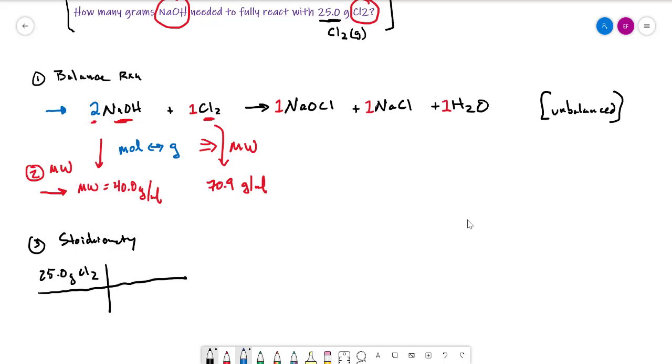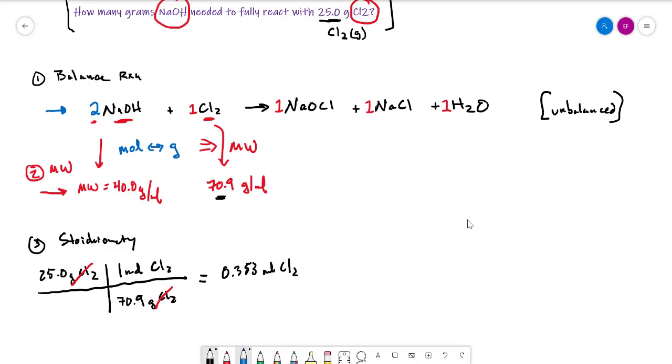We'll do this dimensionally. So we've got 25 grams of Cl2. We know that the molecular weight is 70.9. So for every 70.9 grams of Cl2, that is also equivalent to 1 mole of Cl2. Let's dimensionally get rid of these units. So once we operate this, we will have an answer that is 0.353 moles of Cl2.